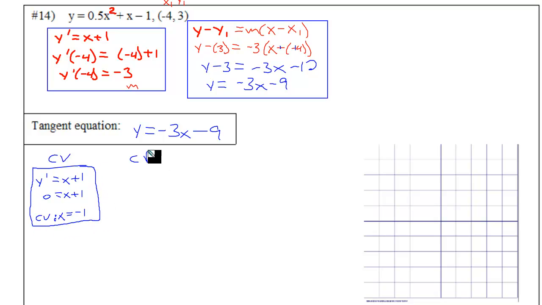To find the critical point, we take that critical value, negative 1, and put it into the original function. Remember this is y, which is what the original is, not y prime. You're going to get negative 1 squared, which is positive 1, times a half, which is a half, plus a negative 1 minus 1.